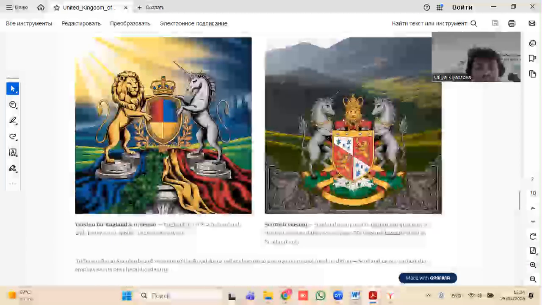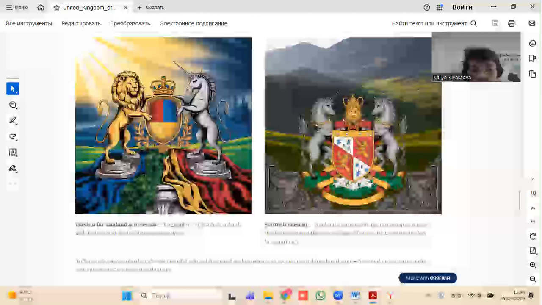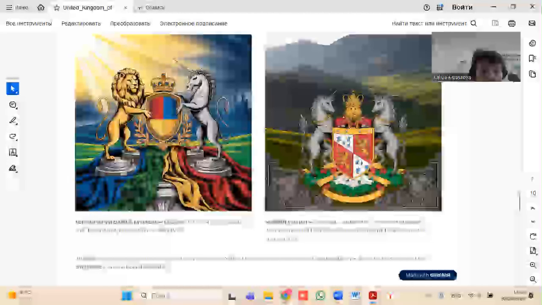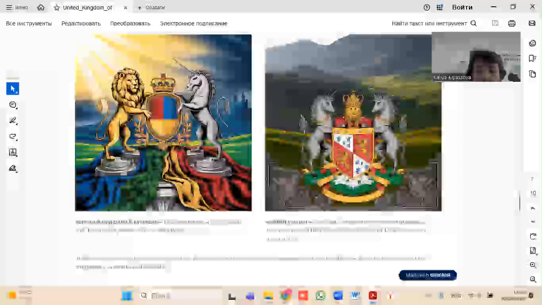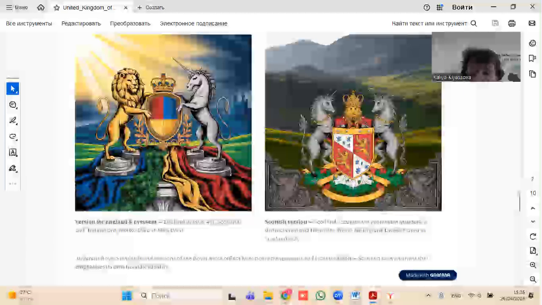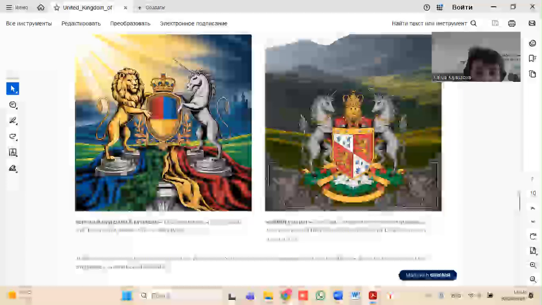As you notice here, the mottos are taken from the French language, and different royal standards and versions of the royal arms reflect historical arrangements and local tradition. Scotland uses a variant that emphasizes its own identity.